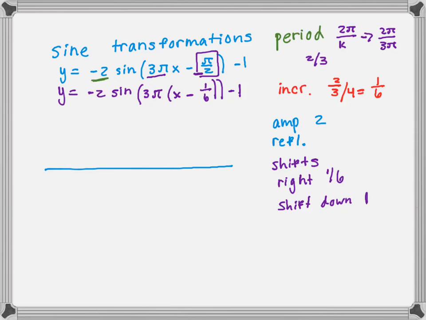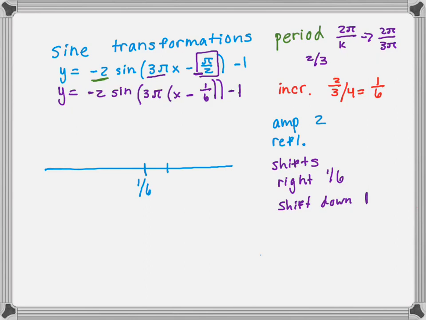So like I said, I always like to start my middle at wherever the shift is. So right now it's right 1/6. So I'm just going to start the middle of the graph at 1/6 because we know that our one period is going to go this way and our other period is going to go that way. Okay, so now we can begin our increments.